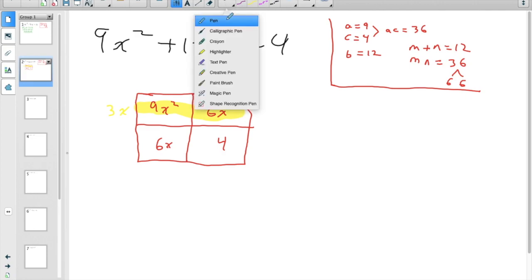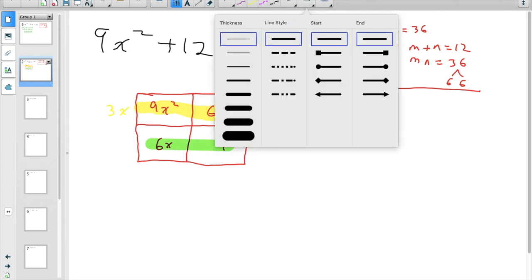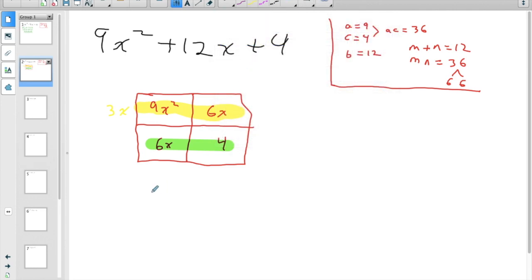Okay, now we are going to glance at the bottom 2. So the bottom 2, this 6x and this 4, we ask ourselves the same question. What is the greatest common factor of these two? And the greatest common factor of these two is clearly the number 2. So we have 2. Now we look at the verticals.